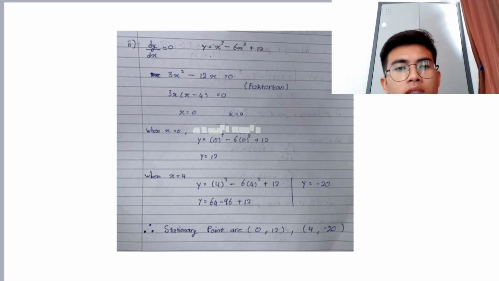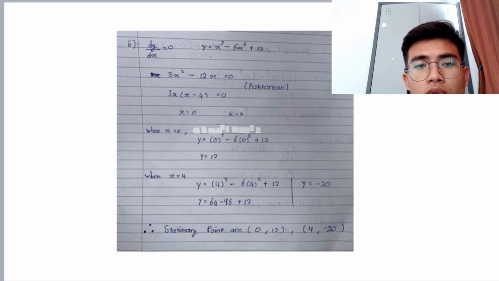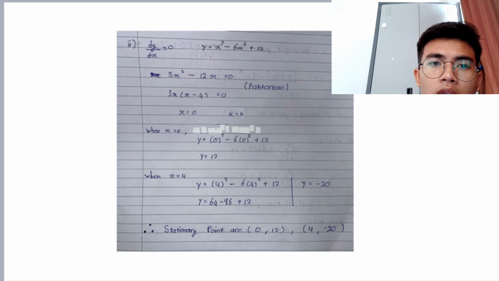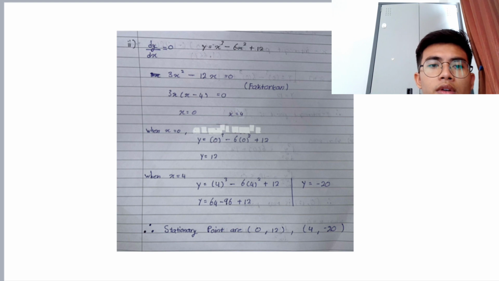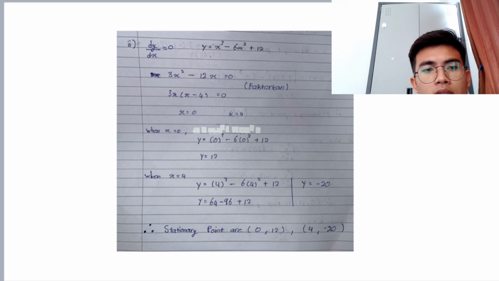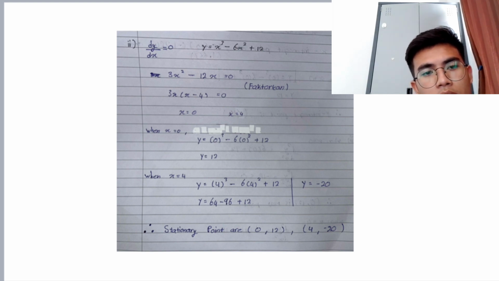So for y1 and y2, we need to take back y equals x cubed minus 6x squared plus 12, and replace the value of x. For y1, we replace x equal to 0, so y1 we will get 12.